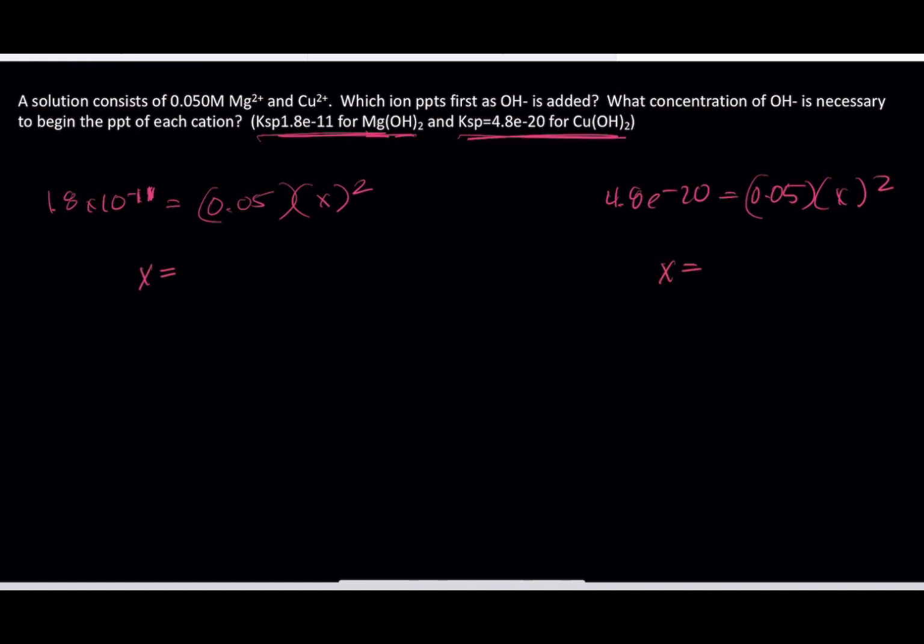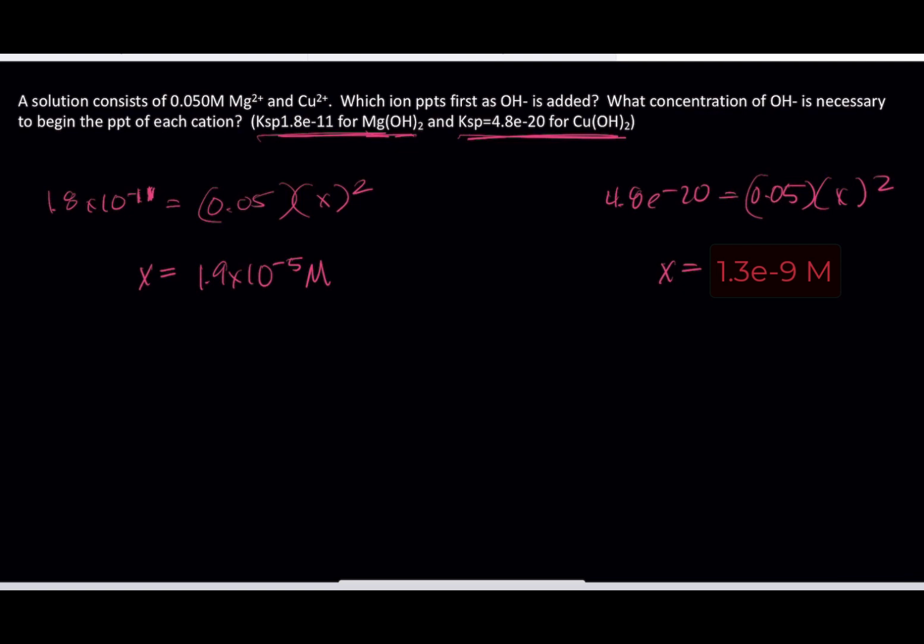For magnesium hydroxide, we get 1.9 times 10 to the negative 5th as my concentration. And then solving for the hydroxide for the copper, we get 9.8 times 10 to the negative 10th molar.